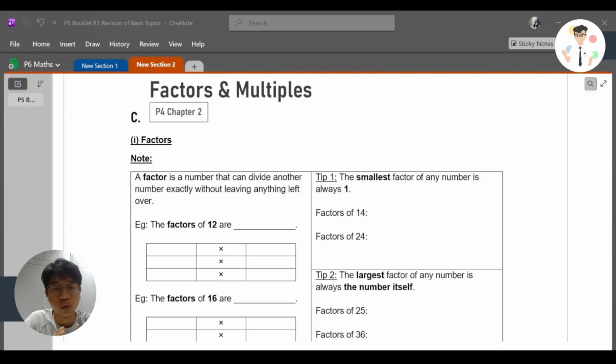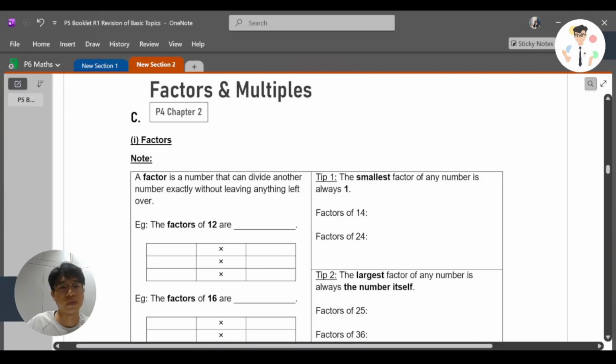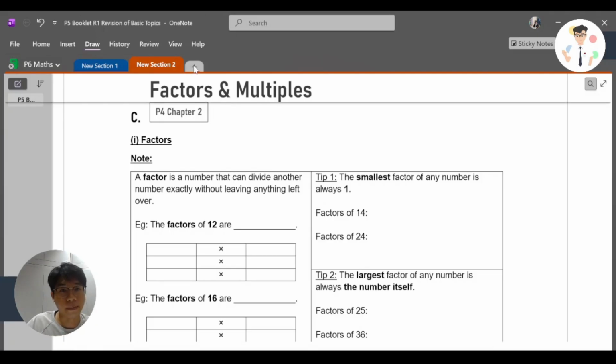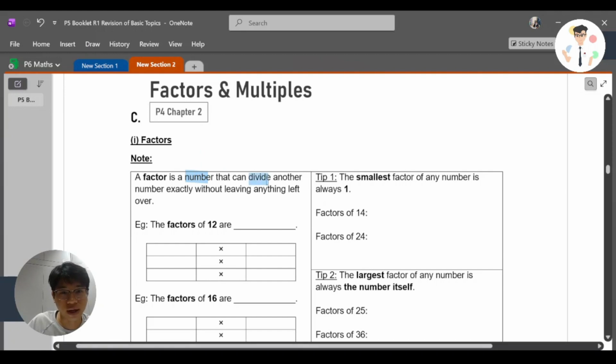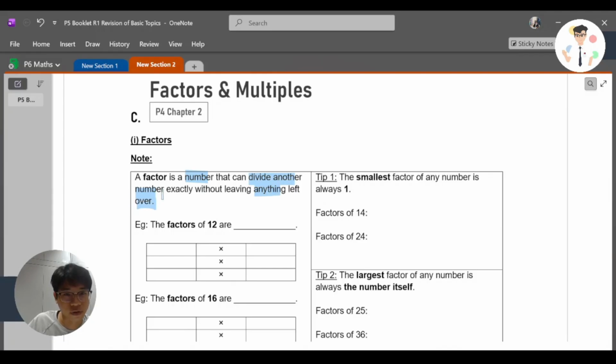Okay, factors. If you look at C, it's factors and multiples, but we'll first discuss factors. This is important especially when you go to secondary school, but it's also something you should know at this level. Now, what is a factor? A factor is a number that can divide another number exactly without leaving any leftover.